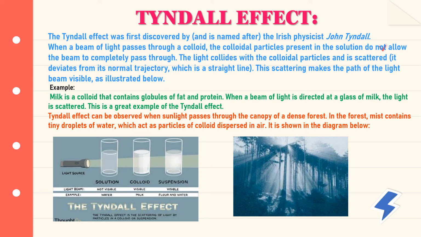You can see over here in the diagram also, the canopy is shown. So in the forest, mist contains tiny droplets of water, which act as particles of colloid dispersed in air. So you can see over here the Tyndall effect is being shown.